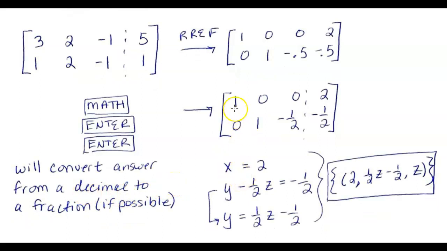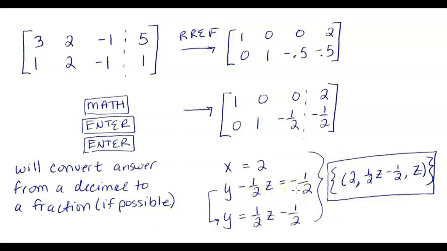So then we can translate back our equations. X, no y's, no z's, equals 2. Second row, no x's. This is the y column, so y minus 1/2 z equals negative 1/2. So our top row is x equals 2, but our second row is y minus 1/2 z equals negative 1/2.